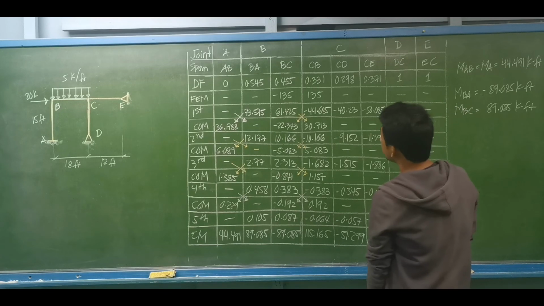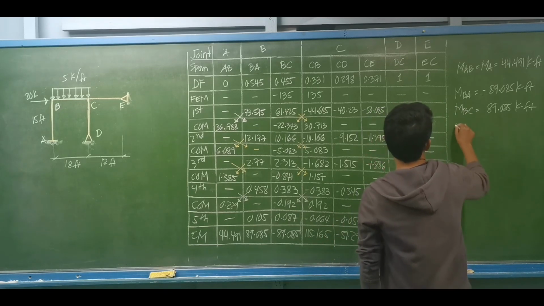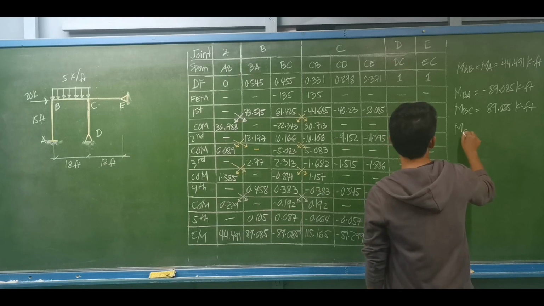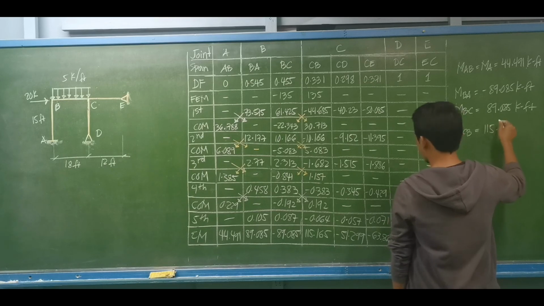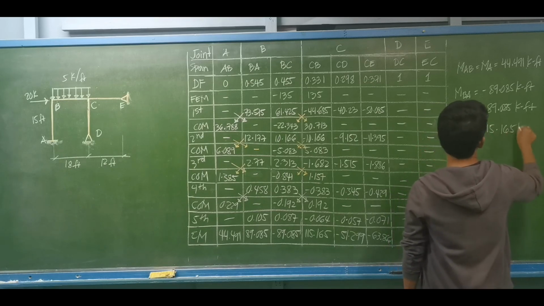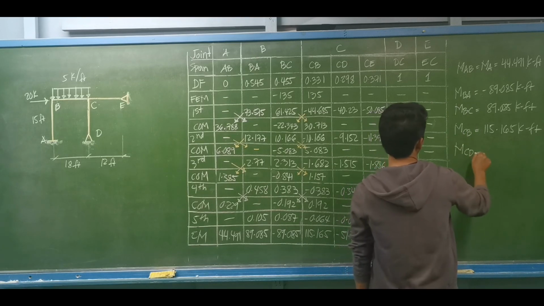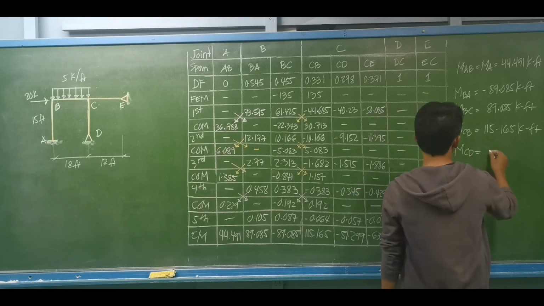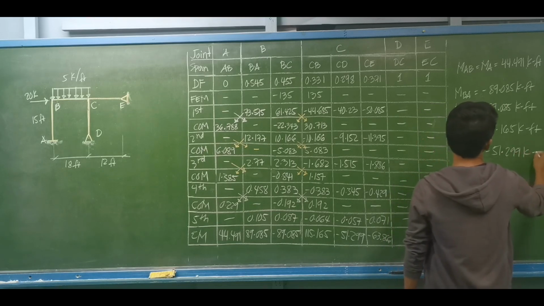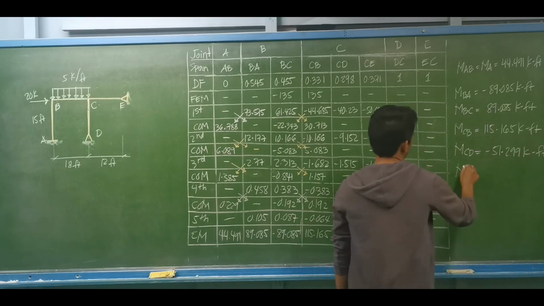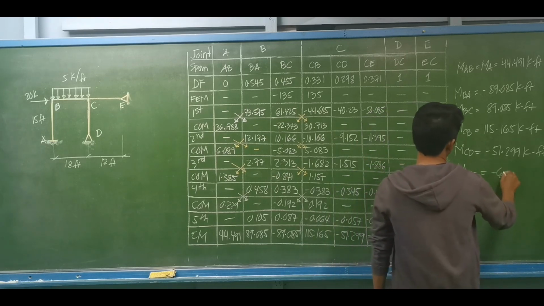And then we have the moment for CB, which is positive 115.165 kip-feet. The moment for CD is counterclockwise, negative 51.299 kip-feet. And the moment for CE is equal to negative 63.866 kip-feet.